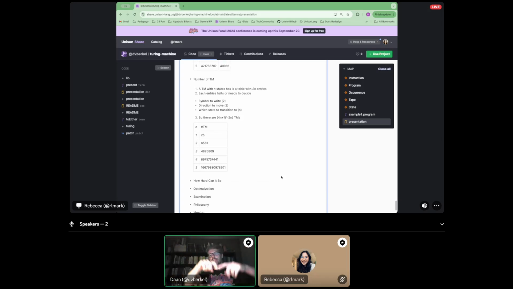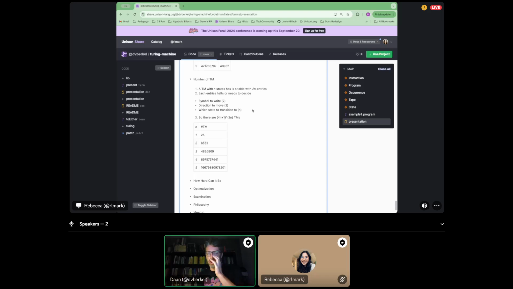if you imagine that a program is basically maybe a bingo card with a number of cells that you have to fill in, for each cell you have to give an instruction, and you either have to do something or you halt. And if you do something, you have two options for what symbol to write, two options for the direction to go in, and a number of states that you can transition to.